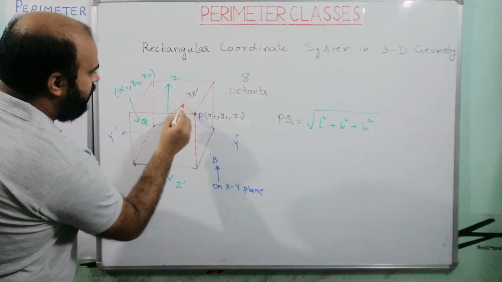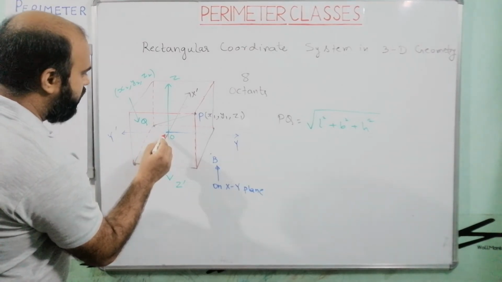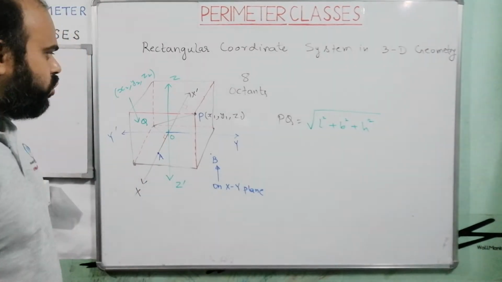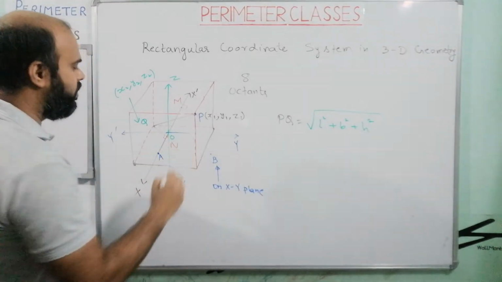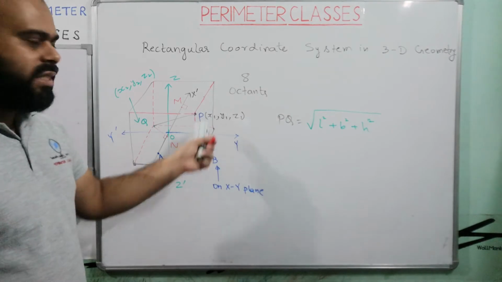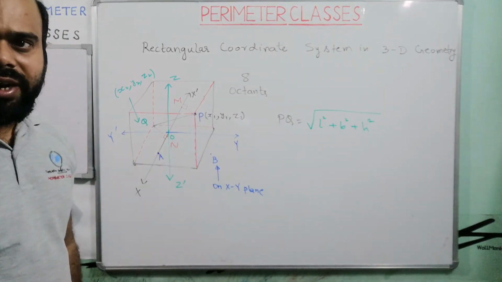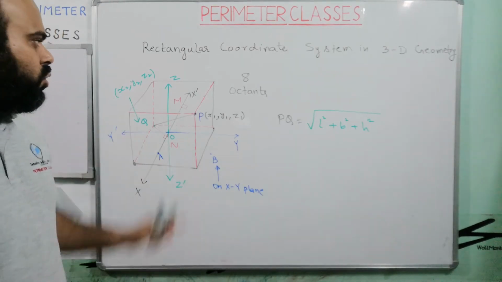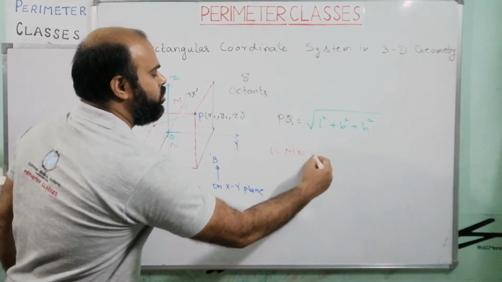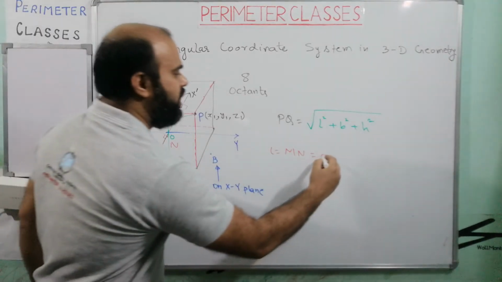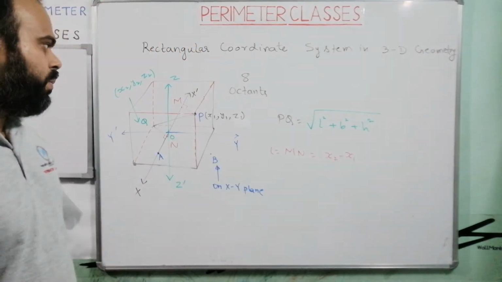So this is the perpendicular on the x-axis, and from here this is the perpendicular on the x-axis. So this is point M and this is point N. The point M has x coordinate x1 and point N has x coordinate x2. So the length is actually MN, and the distance MN is actually x2 minus x1. That is the difference between the abscissas.